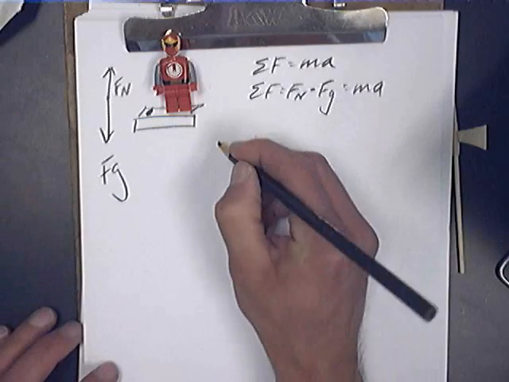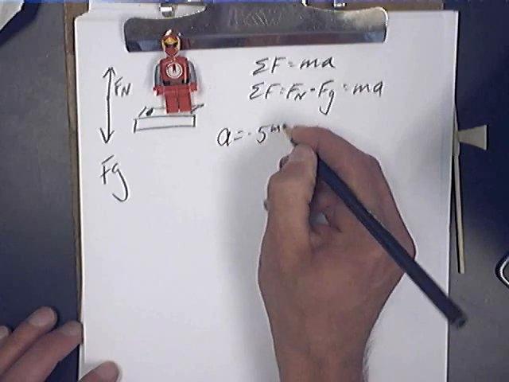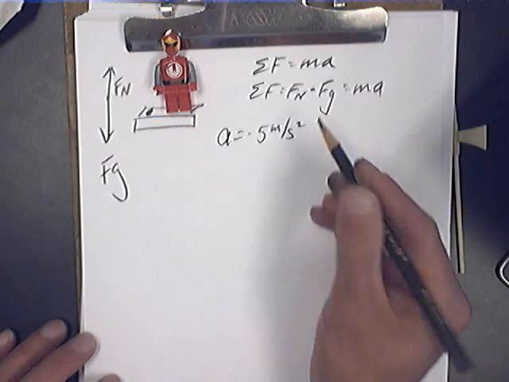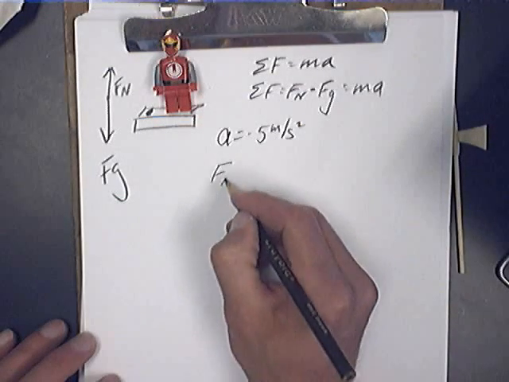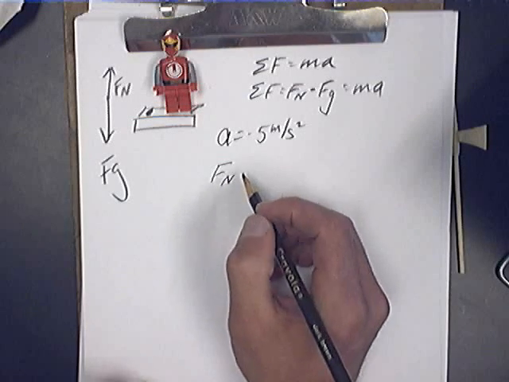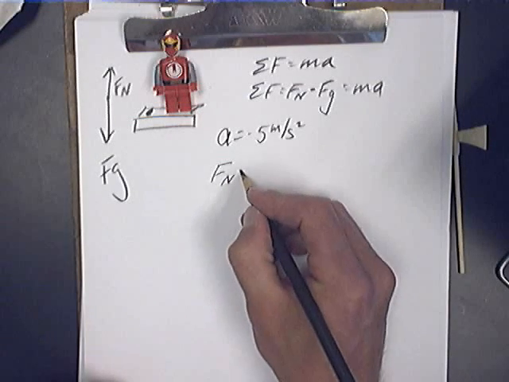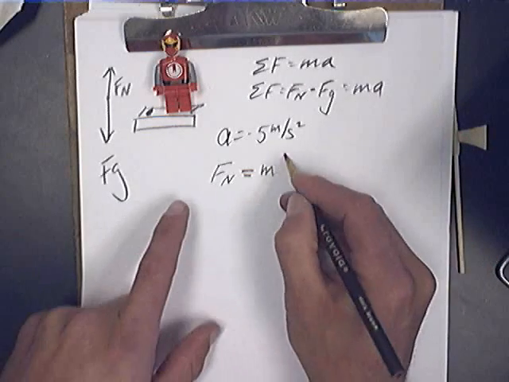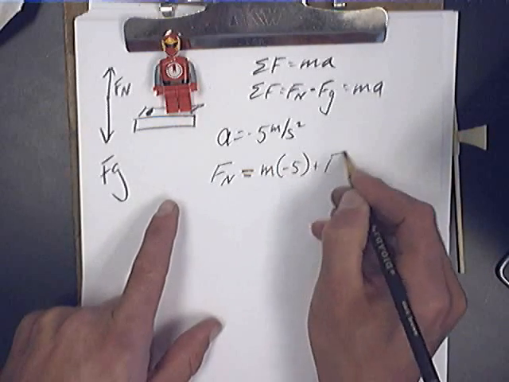So I decide to fall. So now my acceleration is negative 5 meters per second squared. Feels kind of goofy. So the normal force, which is the scale reading, is going to be equal to ma, which is negative 5 times 70, plus the force of gravity.